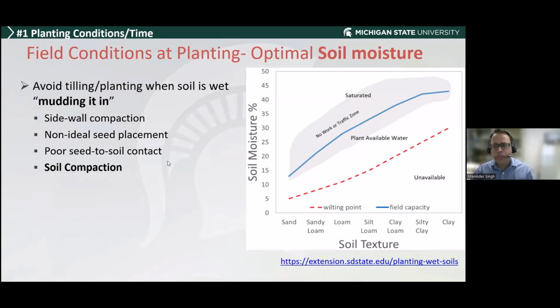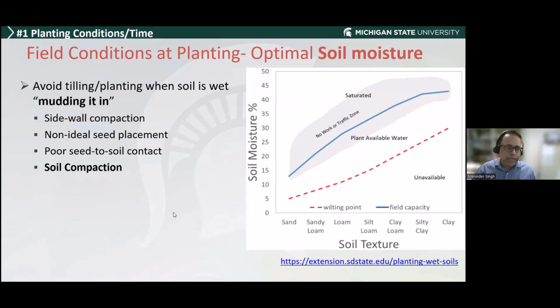To me, the number one and most critical piece is the optimal soil moisture, because this is not only important for achieving a high yield potential for this year, but also for any long-term implications.